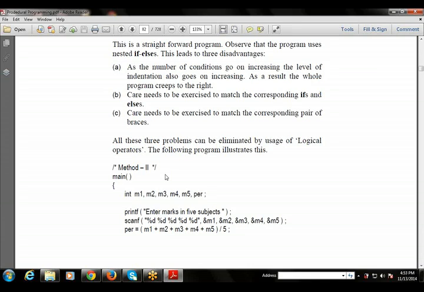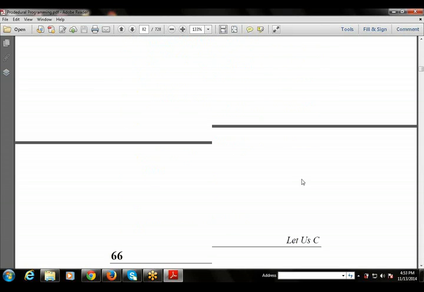Then scan the values with scanf, storing the values in memory by using %d. Why %d? Because all the marks are of integer type. Then calculate the percentage, that is m1, m2, m3, m4, m5 divided by 5. Till now this is the same as how to calculate the percentage.